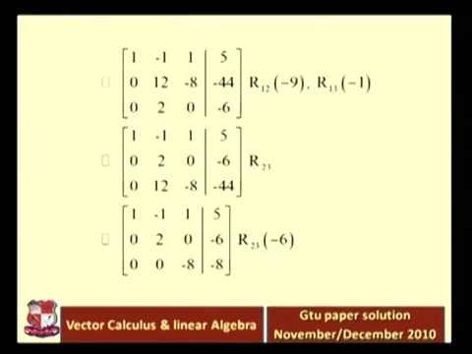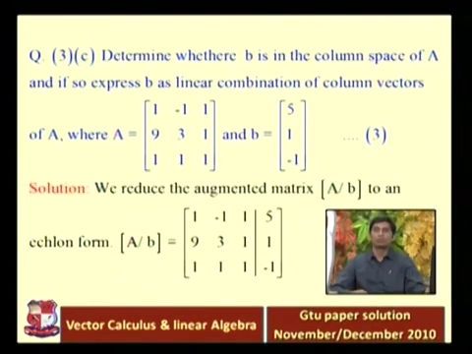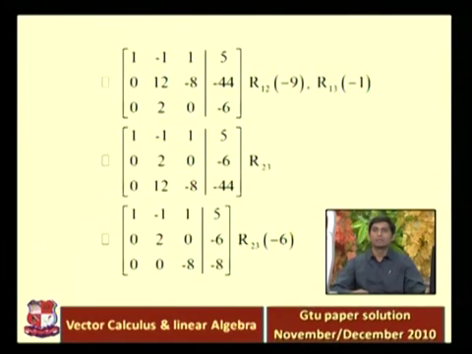Now we multiply the first row by -1 and add it to the third row, just R3 minus R1. So 1 minus 1 is 0, 1 plus 1 is 2, 1 minus 1 is 0, and -1 minus 5 is -6. So the third row becomes 0 2 0 -6.